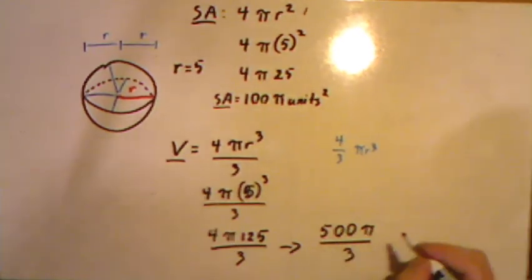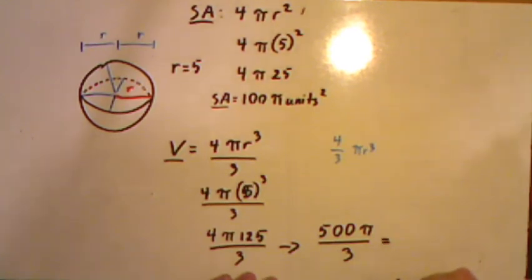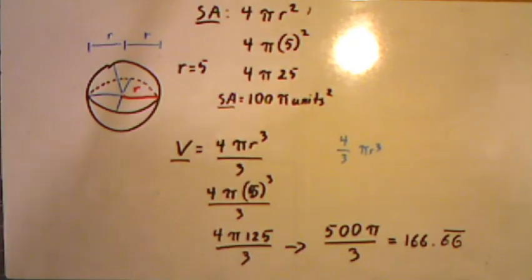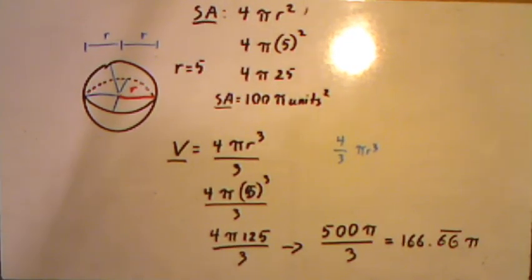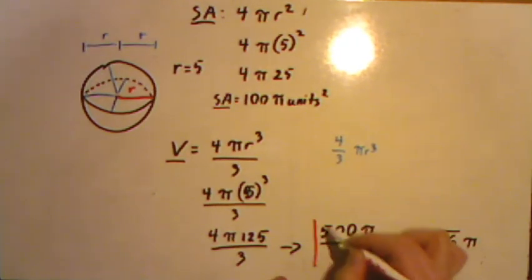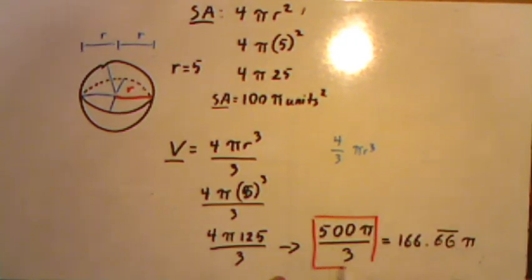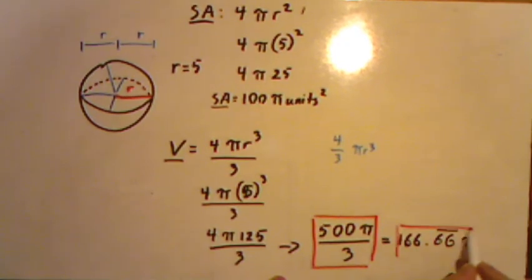If you so desire, you can simplify this further by actually dividing it, and you would get 166 with a repeating decimal of 6 times pi. In either case, both of these answers are correct, and that is the main focus that we have with our sphere, knowing the surface area as well as the volume itself.